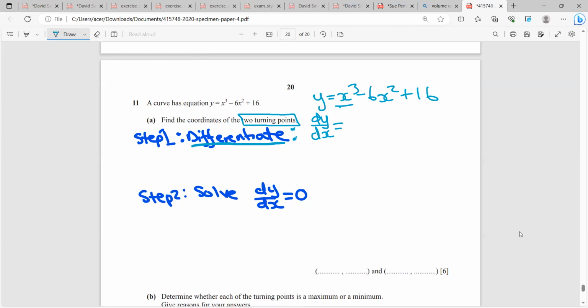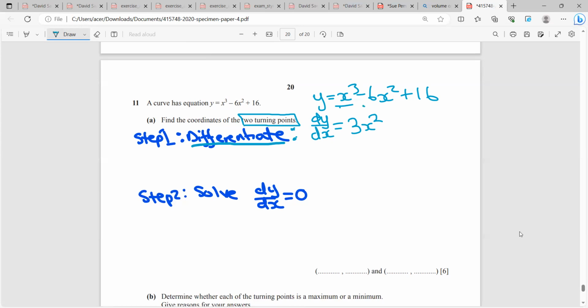We're using what we were doing yesterday. You bring down the n, so 3 comes down. You write your x and you decrease the power by 1, so you subtract 1 from the power, and then we get that. You're going to get used to that.